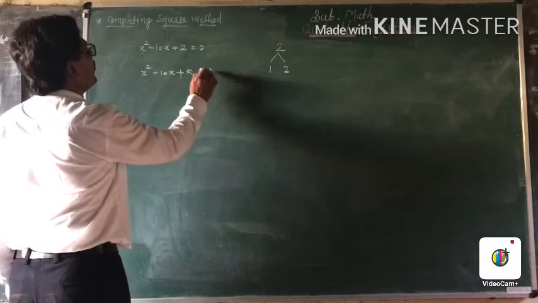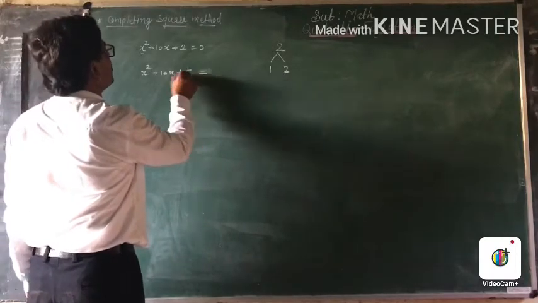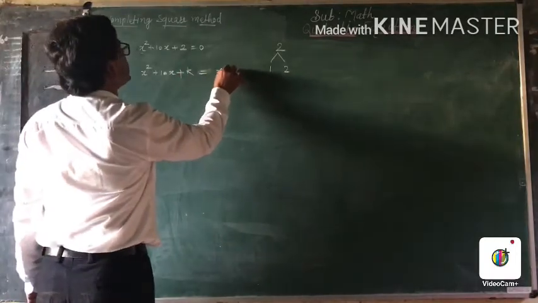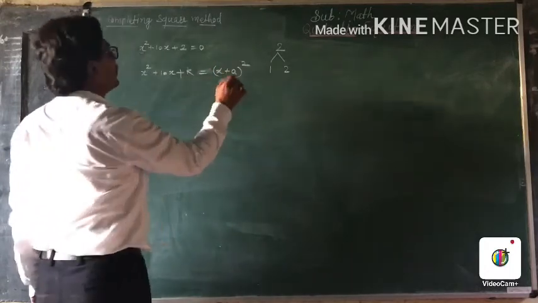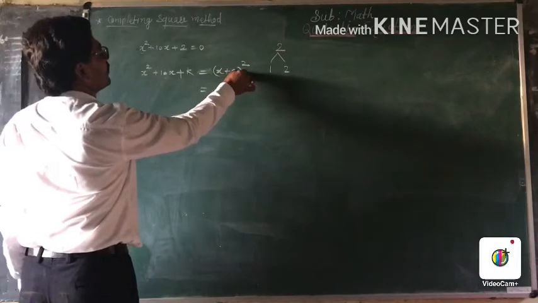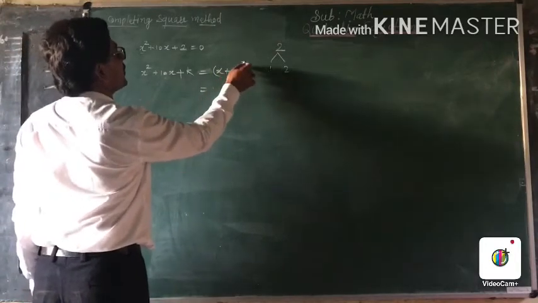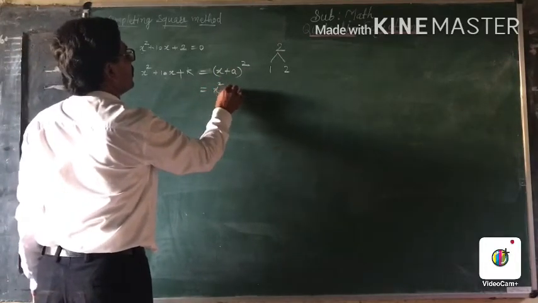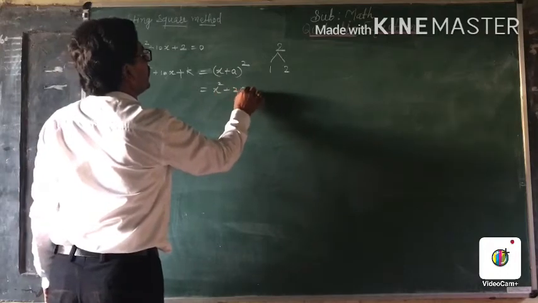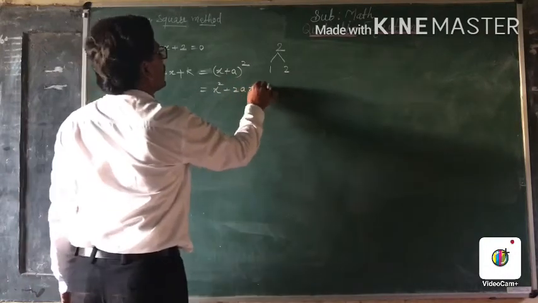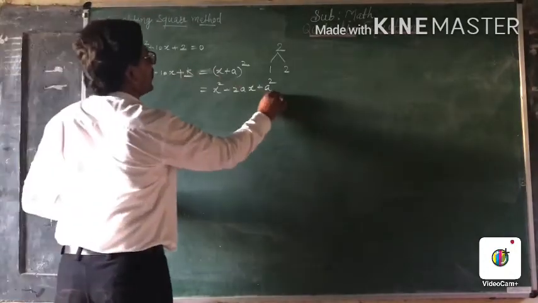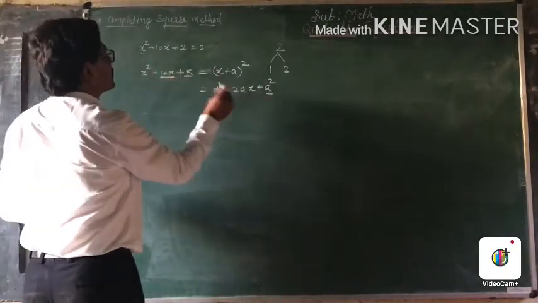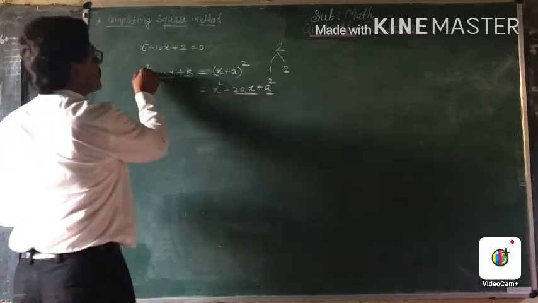Suppose this is the complete square of (x plus a) whole square, and you know (x plus a) whole square is equal to first term square plus 2 into a into x plus a square. Now here k is a square, and 10x is equal to 2ax, x square as it is.